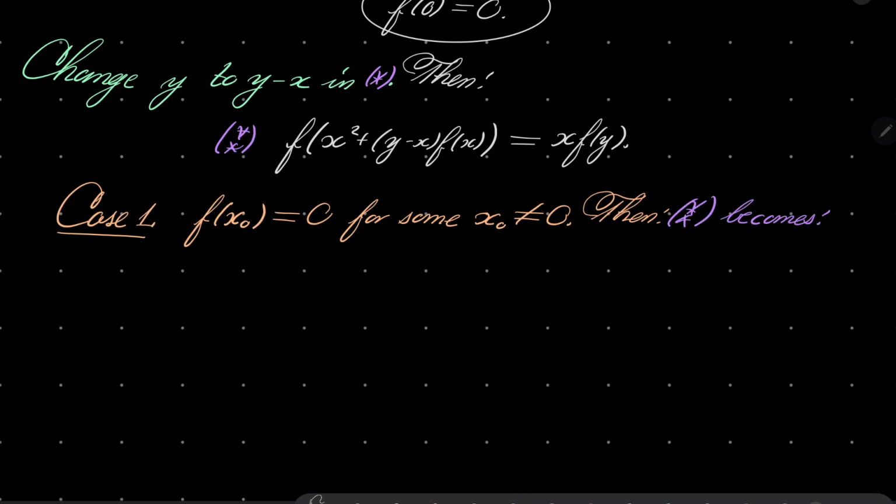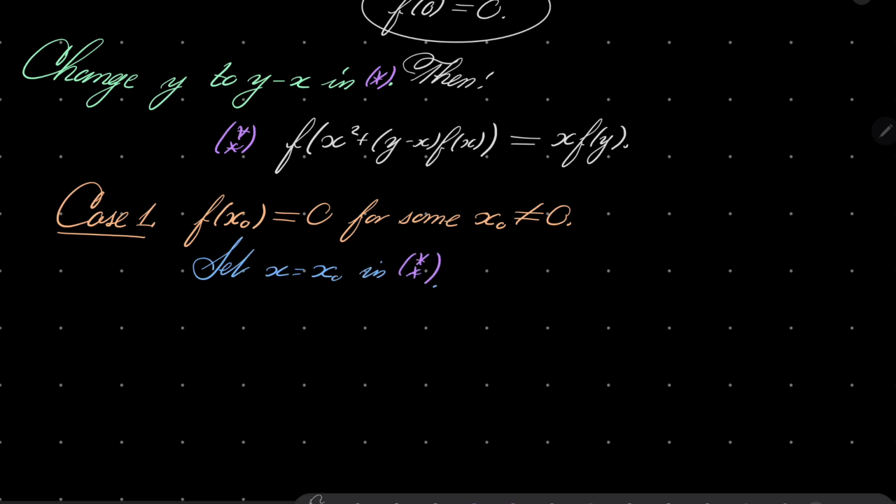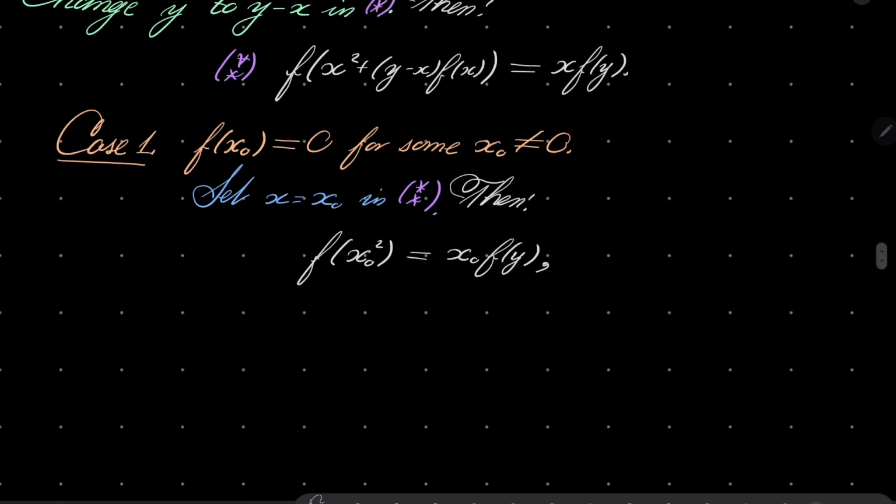Set x to be x0 in our condition double asterisk, and we will have the following: f of x0 squared equals x0 f of y, because this part vanishes, which means that f of y equals f of x0 squared over x0, but this is just a constant.